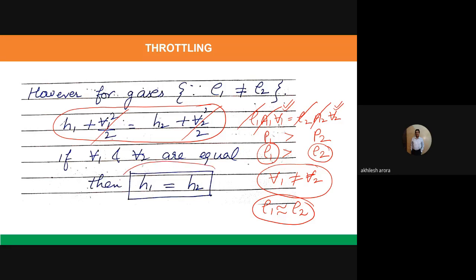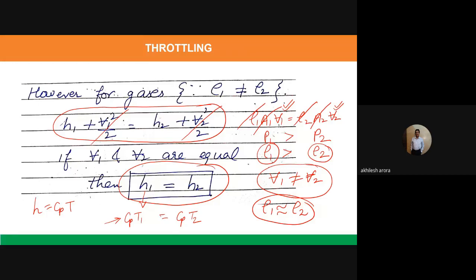Now we have defined that enthalpy H is given by Cp into T. So in place of H1 I can write Cp T1 is equal to Cp T2. And what is Cp? Cp is the specific heat of the gas at constant pressure.